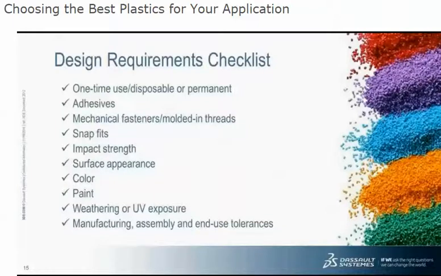Will it be mechanically fastened, and might you have to do something like mold in threads so that you can screw something into your finished part? Will it require snap fits? When we talk about plastics, some materials are appropriate for snap fits, some are not, because some materials might be too stiff and brittle, so that when you try to do a snap fit, the snap fit just breaks off. And again, the list goes on and on.